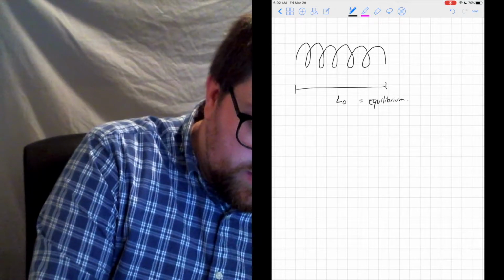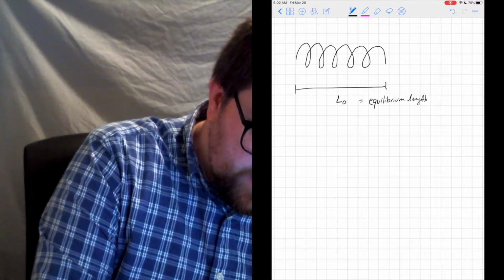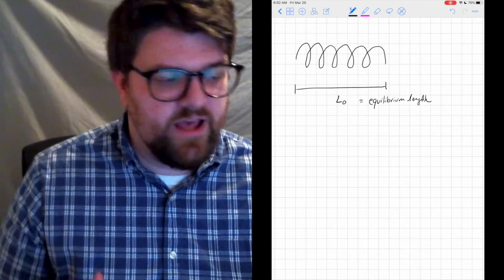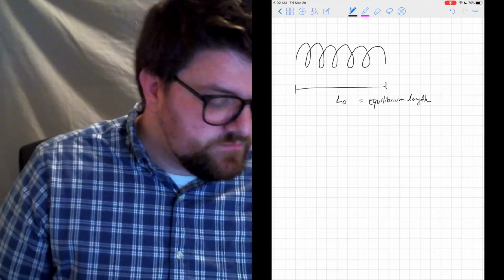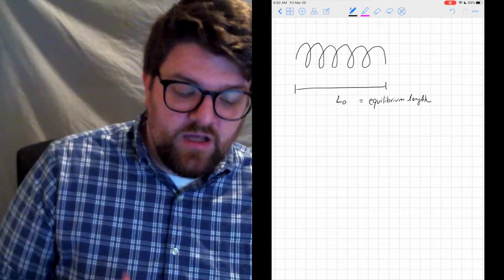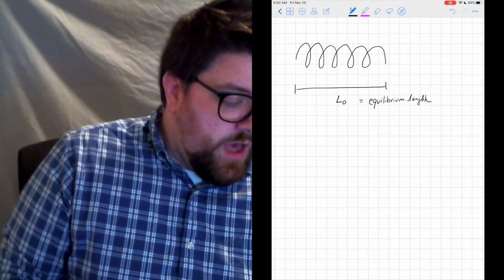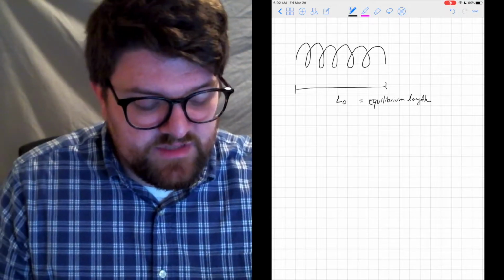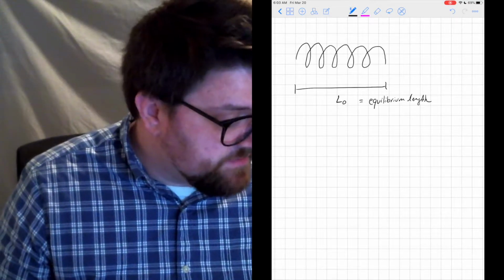Equilibrium length is just our normal length of the spring when there are no net forces working on it. A lot of times I'll write L0, but sometimes we can label it something else.